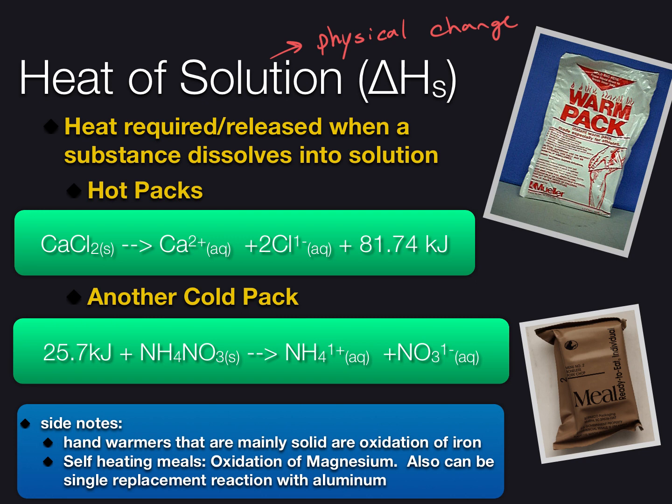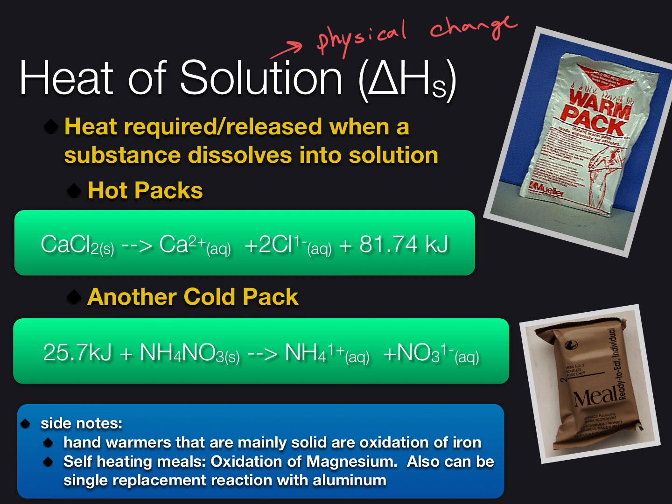A little bit of a side note here though, hand warmers that you use when you're maybe sitting outside on a cold winter's day or you're sitting in a deer stand or whatever, those are actually mainly a solid that is oxidizing, usually iron, and so that's a chemical reaction. Those are chemical hand warmers. This is a physical hand warmer.